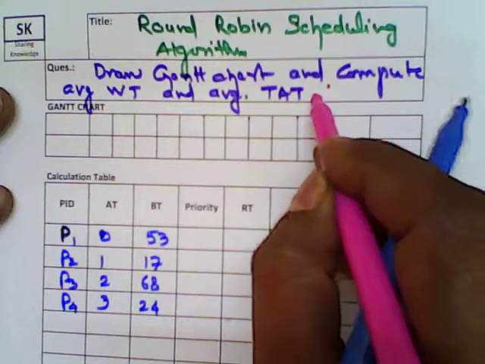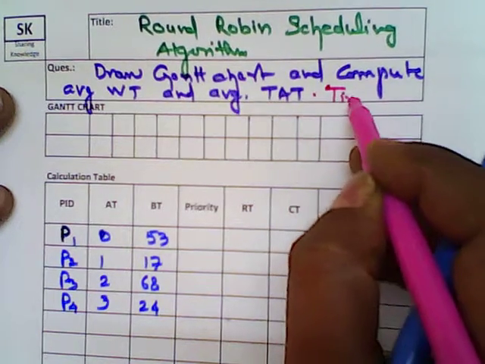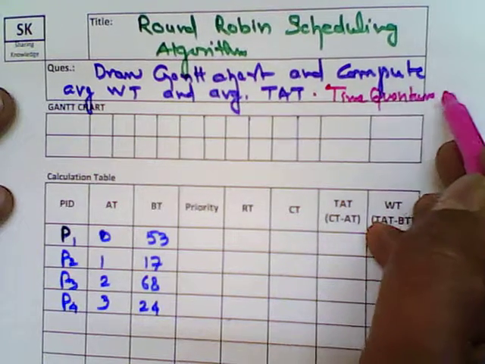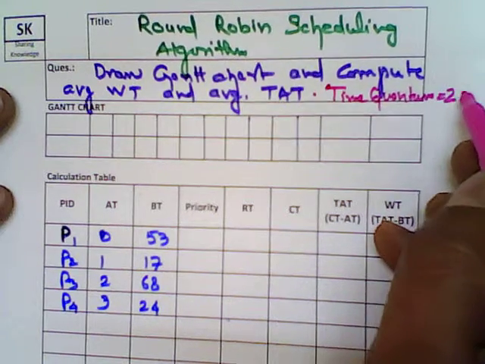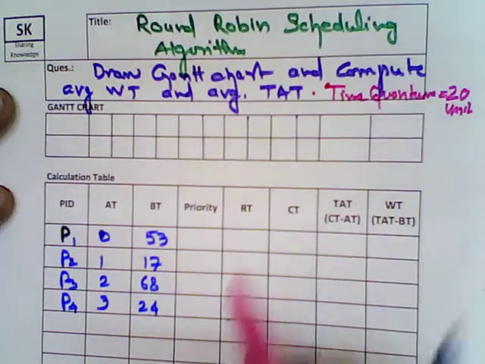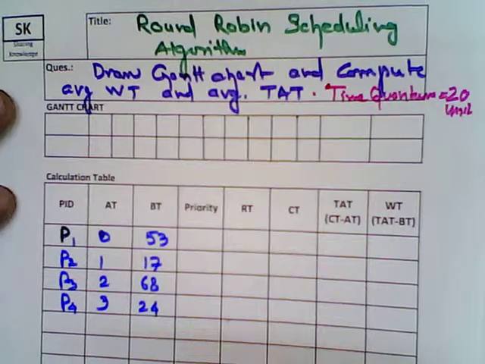Here the time quantum is mentioned as 20 units. Unit means whether it is a second, millisecond, microsecond, whatever it may be. So we are giving 20 units.